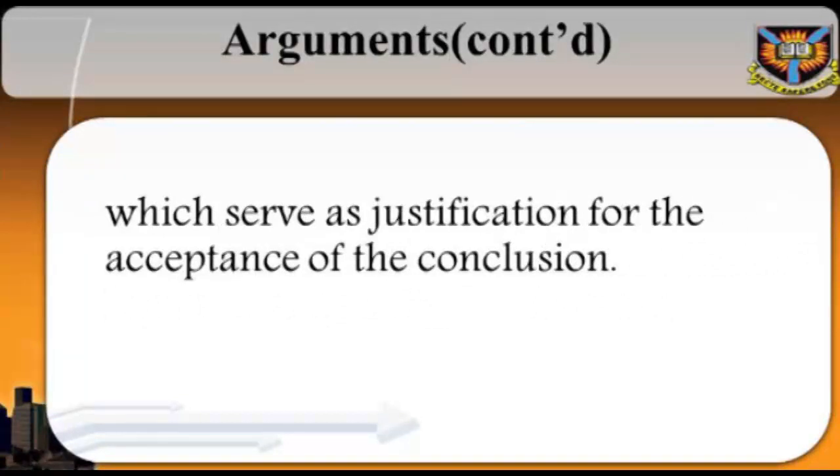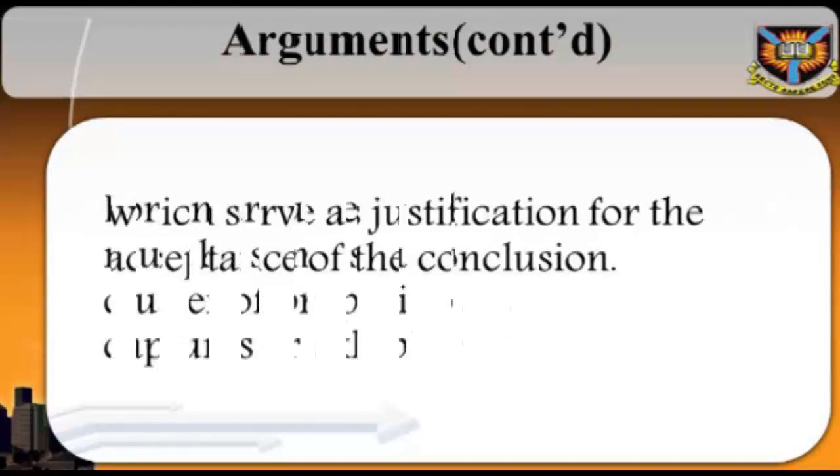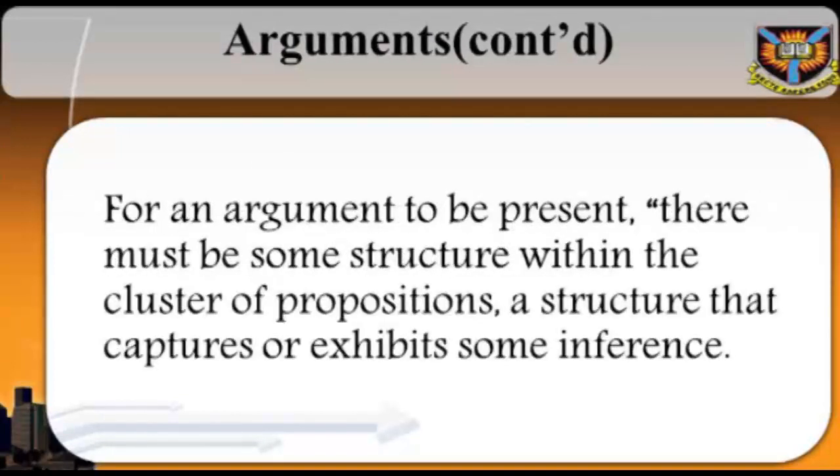These other propositions, which go by various names such as evidence, grounds, or reasons, are more professionally called premises. In an argument, therefore, the premises are intended to provide sufficient grounds for the acceptance of the conclusion. For an argument to be present, there must be some structure within the cluster of propositions, a structure that captures or exhibits some inference.